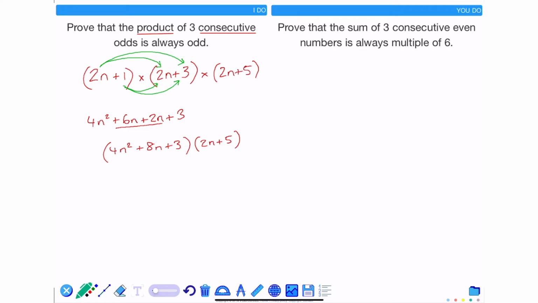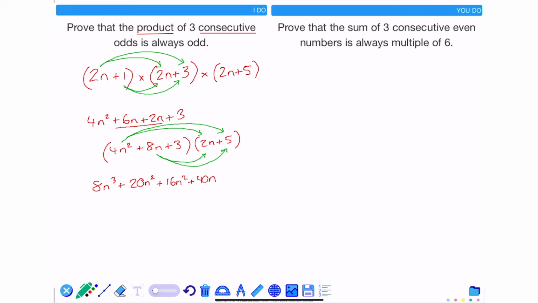So 4n squared times 2n and 4n squared times 5 will give me 8n cubed plus 20n squared. Then multiply every term by 8n will give 16n squared plus 40n.